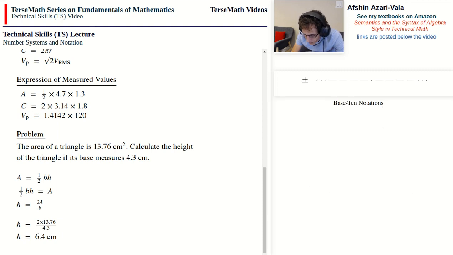Now, base 10 notations have a different kind of structure. They start with either a positive or a negative sign, and then they have these things called places, and each of these places has certain values with a decimal point somewhere. So for example, these are in the ones, this one is in the tens, this one is in the hundreds. On the right side we have tenths, hundredths, thousandths, and so on.